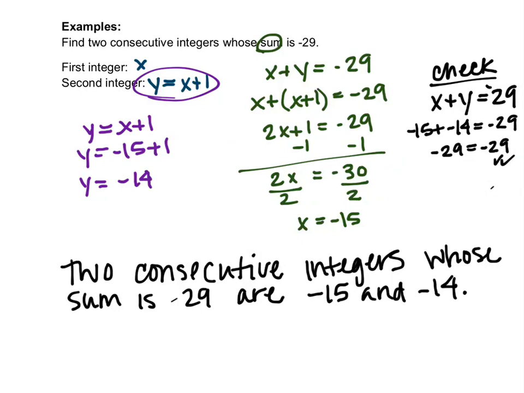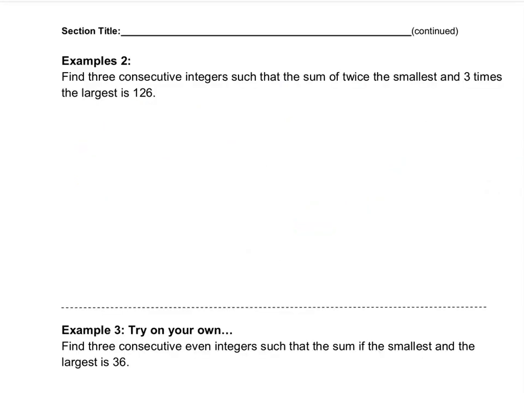So when we flip our sheet, it tells us, for example 2. And we're going to want to title this section up here. So we're going to want to say 3.7 consecutive integer problems.